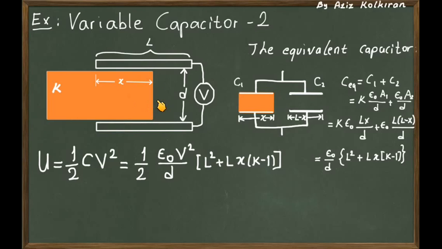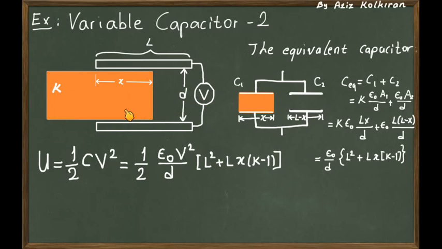That means if we find the energy of the system in terms of some distance, then when we take the position derivative of the energy, we get the force that is involved in sliding this dielectric between the plates. Now imagine you want to slide this dielectric in the direction of the positive x-axis.